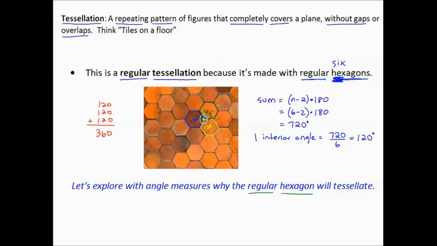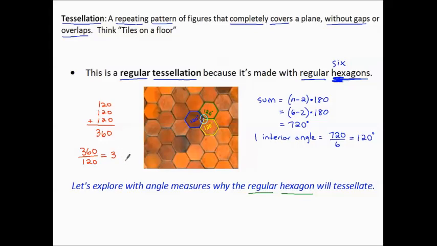So to know that our polygon will tessellate around any point where the 3 angles will meet each other, will be adjacent, has to make 360 degrees. Another way to think about that, 360, is it divisible by the interior angle measure of the regular hexagon, 120? Well, if we do 360 divided by 120, we get 3.